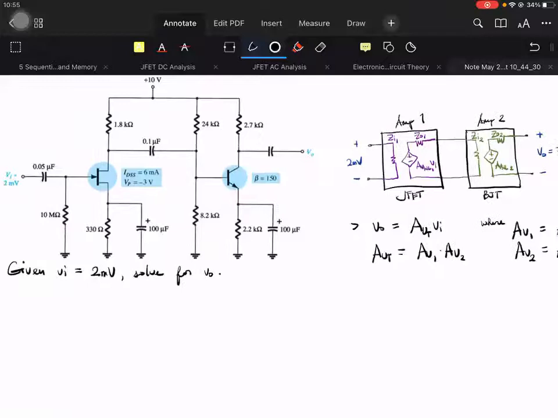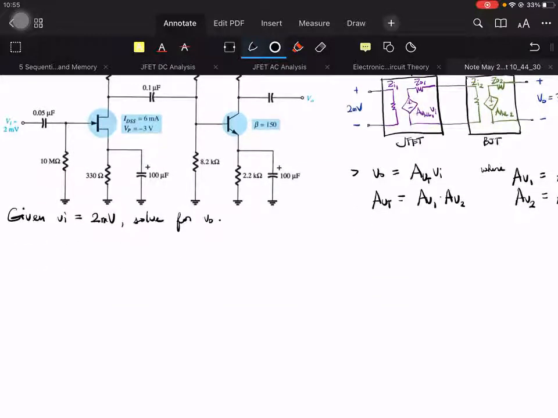IE, ZI, ZO, AV. So si IE na natin i-solve. So how will we solve for IE? First natin solve, part 1, solving for RTH and ETH. So balik tayo sa pinaka-primero nating na-learn.